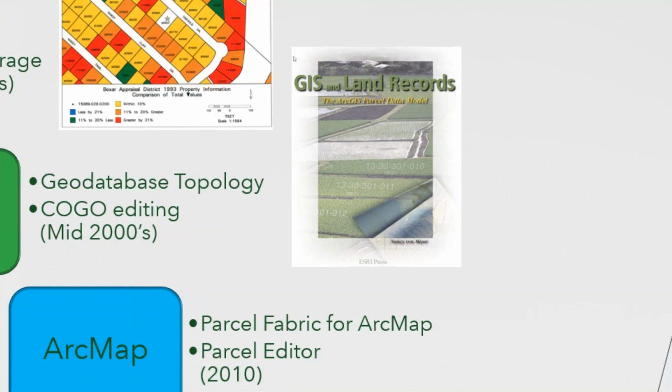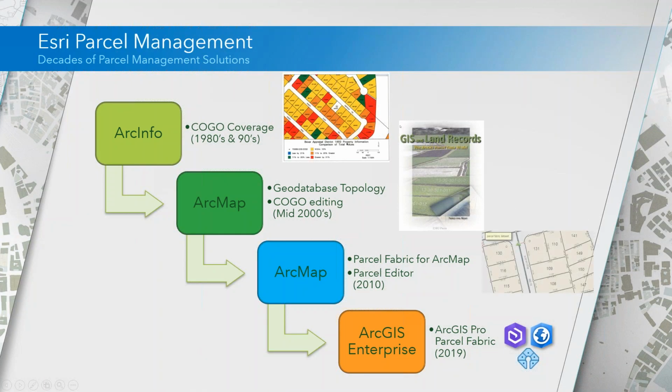This all led to the ArcMap parcel fabric, especially with what we call the local government information model. So the local government information model brought a lot of the data modeling that Nancy had done in the GIS and Land Records book, but it also solved the true curves, also solved the backlot problems, brought a lot to what the challenges that we had experienced from back in the 80s all the way to the present had been haunting us.